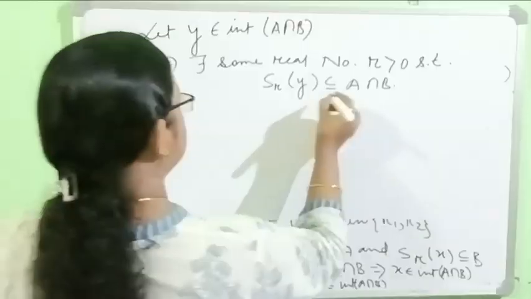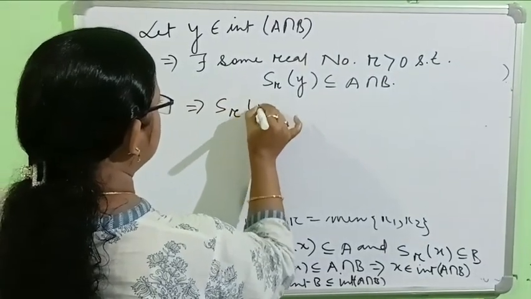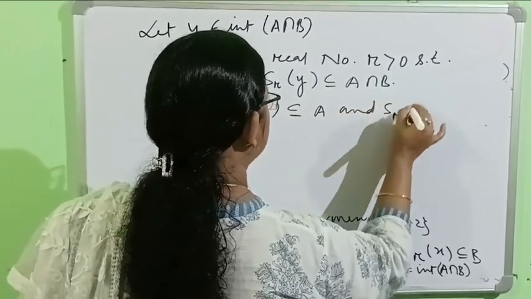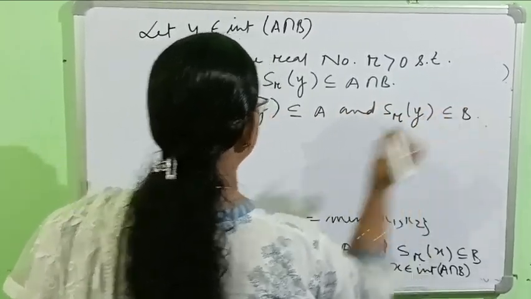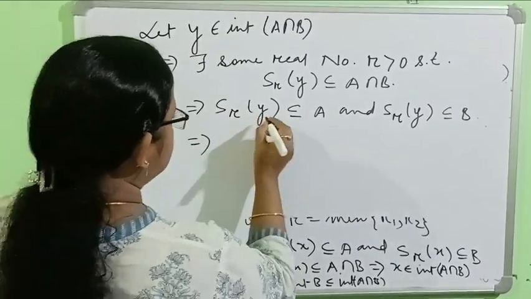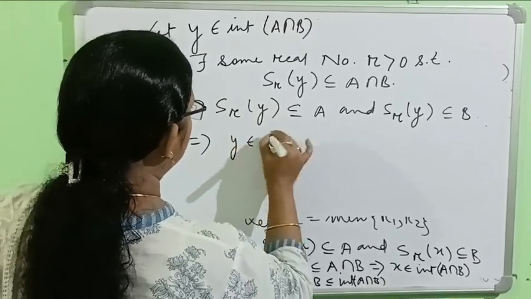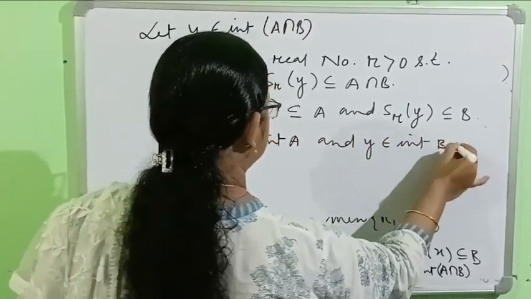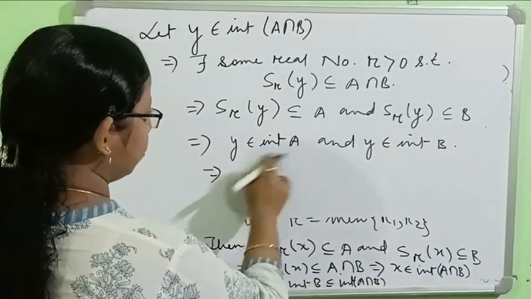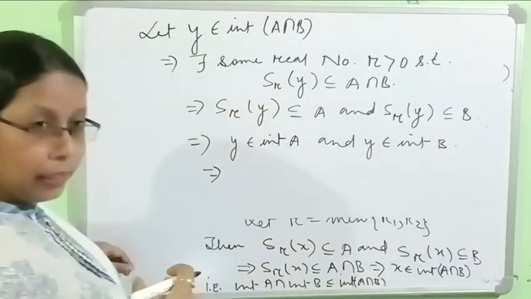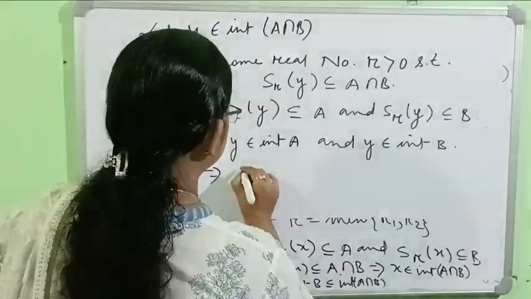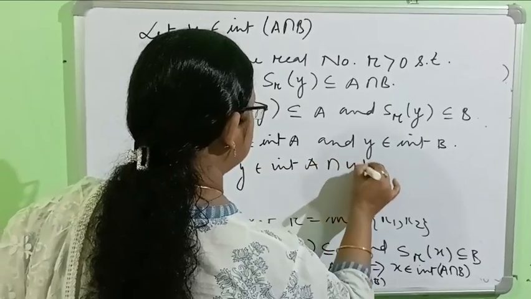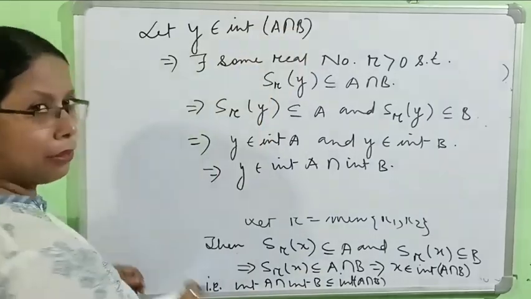So this implies S_r(y) is contained in A and S_r(y) is contained in B. If this happens, then y belongs to interior of A and y belongs to interior of B. So y belongs to interior of A intersection interior of B. Y is an arbitrary element of this set.